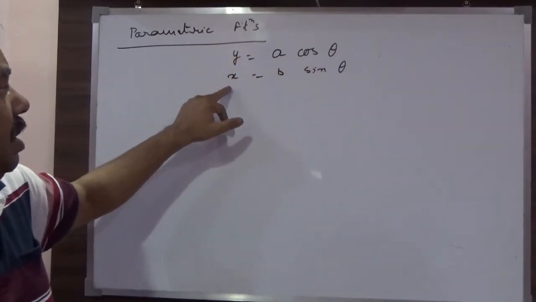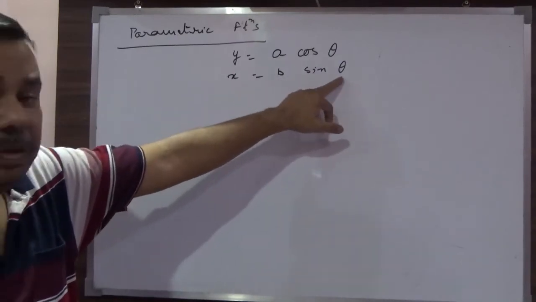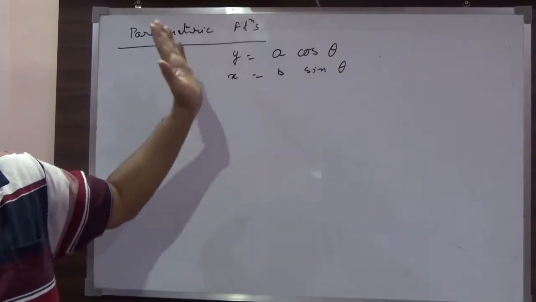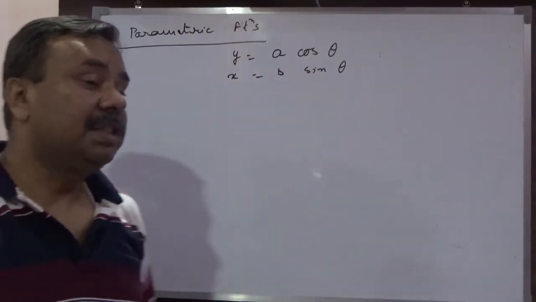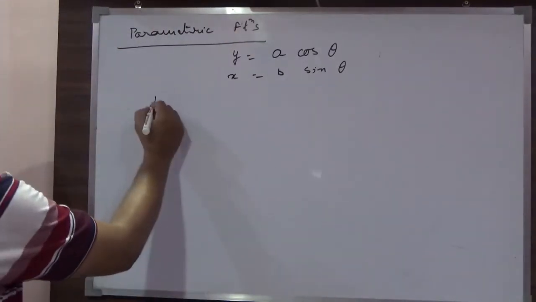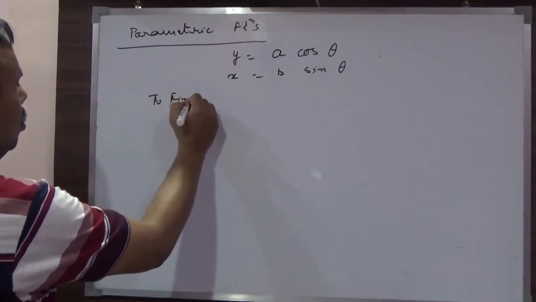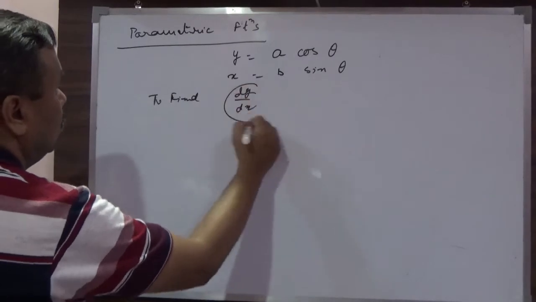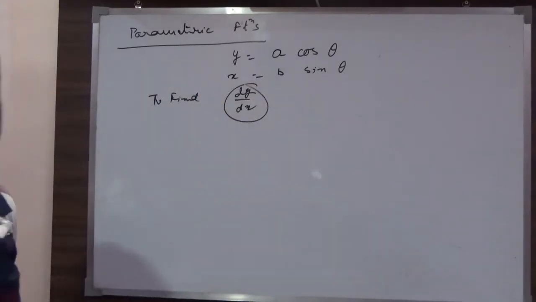Similarly, x is expressed as a function of theta, not as a function of y. But in this case, I have to find dy by dx. How?